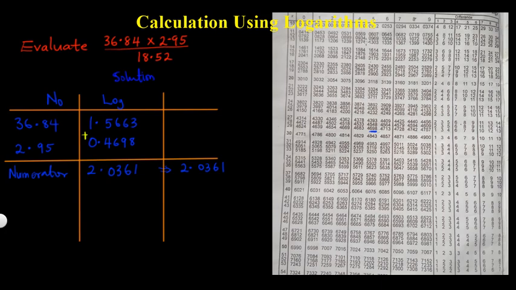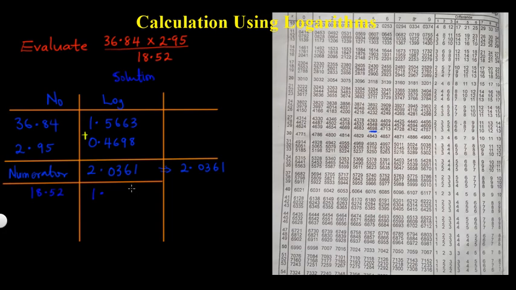Now we should try to look for our denominator, which is 18.52. Remember, 2 digits before decimal, so we are writing 1 point.